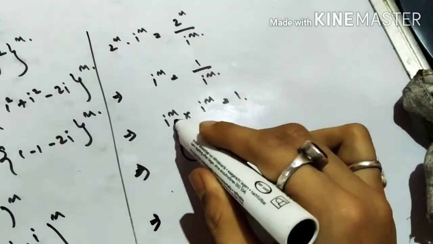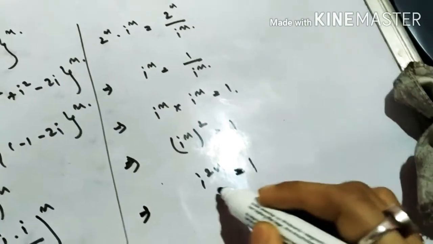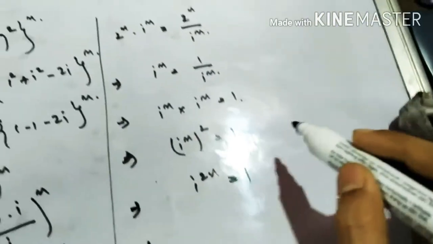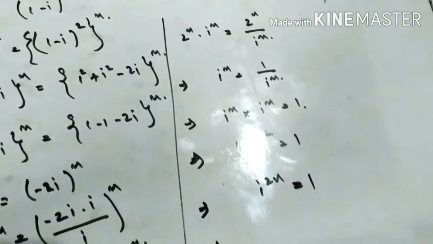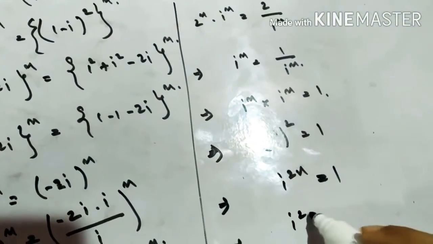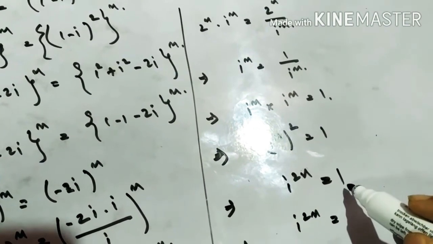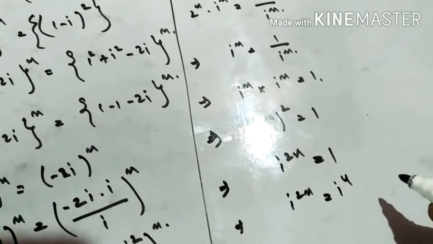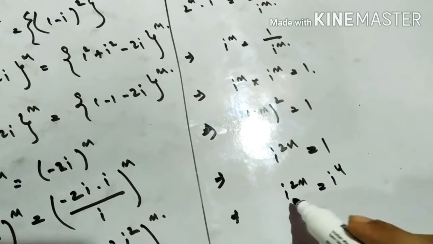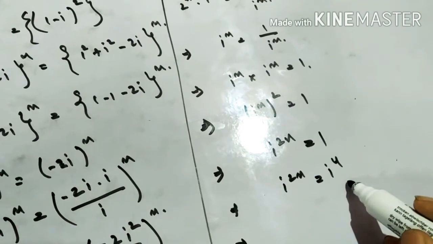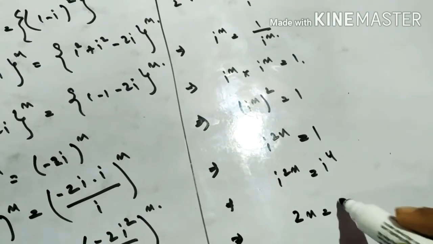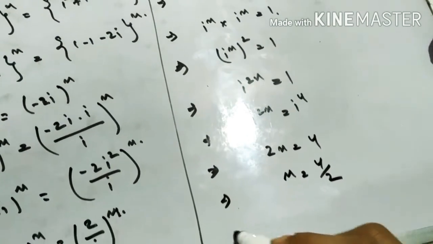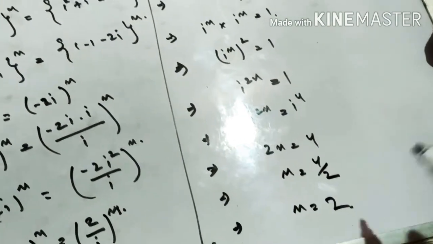This one, i to the power n to the whole power 2, will become i to the power of twice n is equal to 1. So now in here, i to the power twice n is equal to 1 becomes, when i to the power 4, i to the power 4 is 1. So now you see the bases are equal. So therefore twice n is equal to 4, n is equal to 4 by 2. So n is equal to 2.